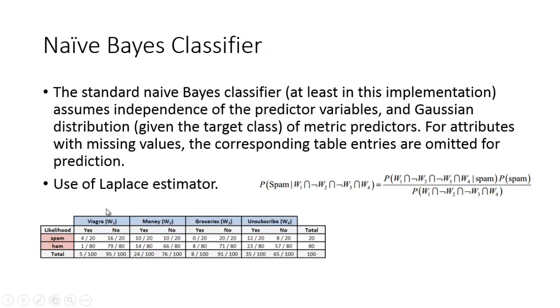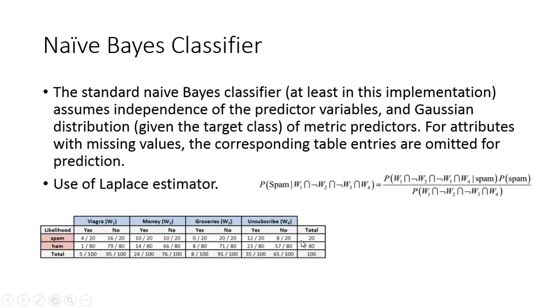For example, I have taken an example of spam or ham. I have 4 words: Viagra, money, groceries and unsubscribe, which are in the data set with which I have trained the model. So let's explore this likelihood table and what it signifies.